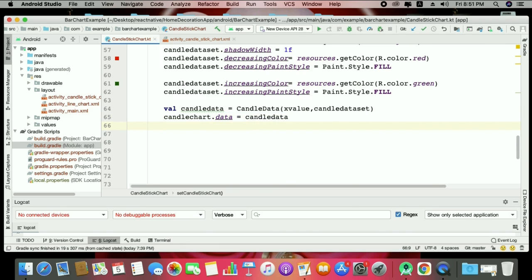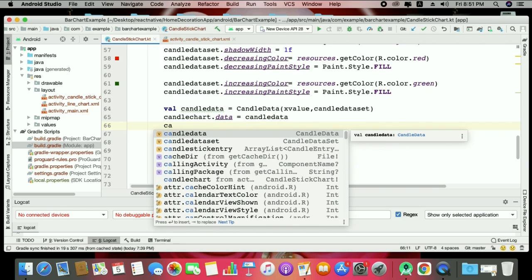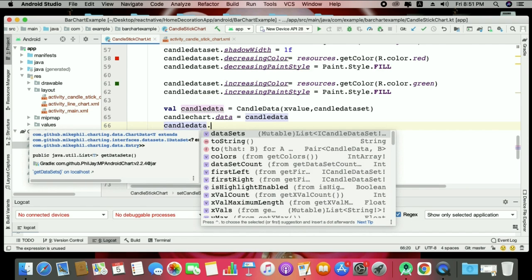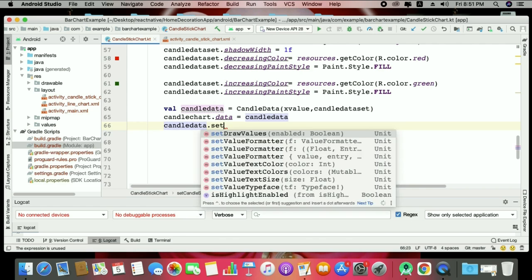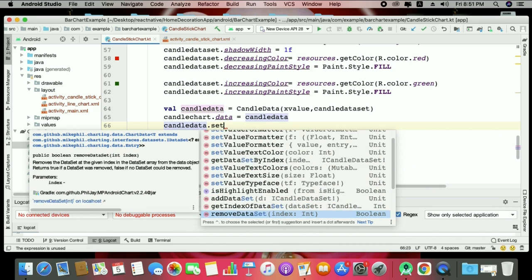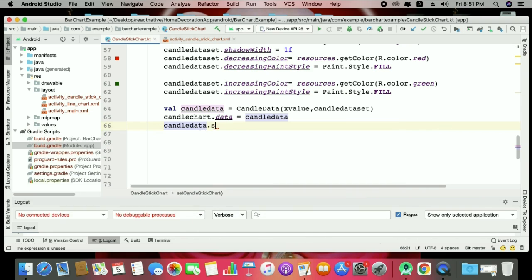And now if you want any background you can set your background color also.